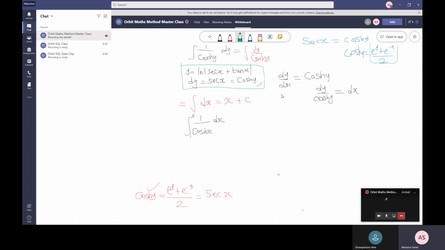Let me see before I go and do nonsense. If I change where I have y to x and x to y, I'm going to have dx/dy equal to sec y, which will also be equal to cos x.